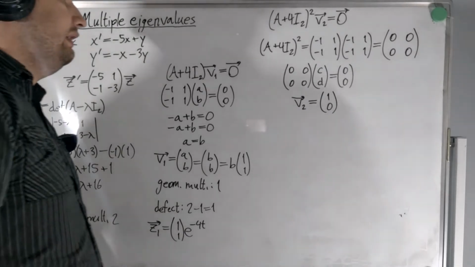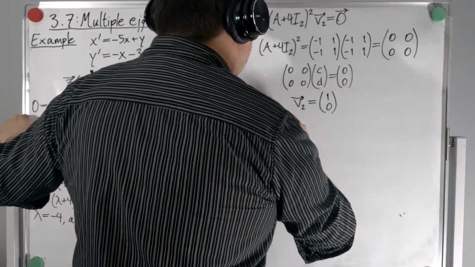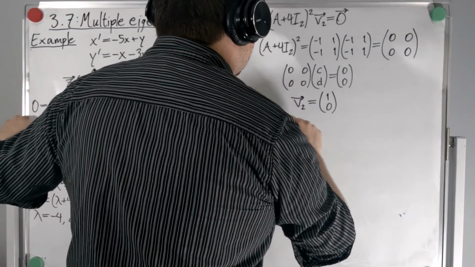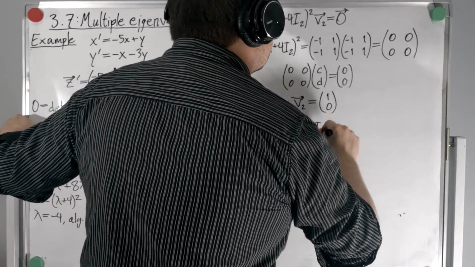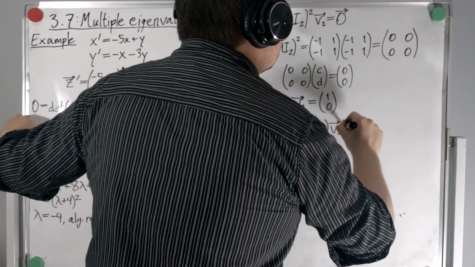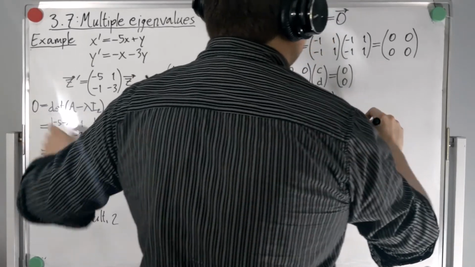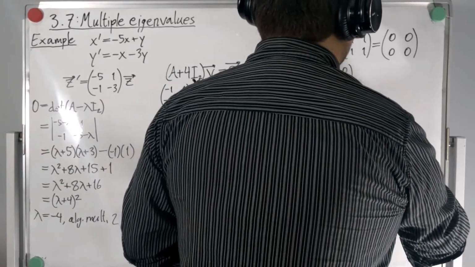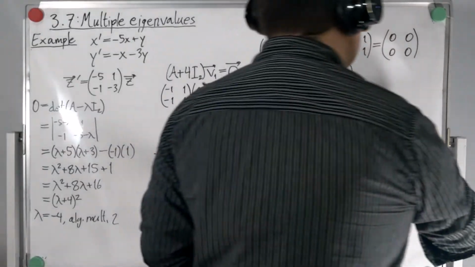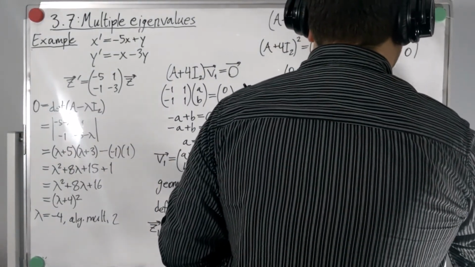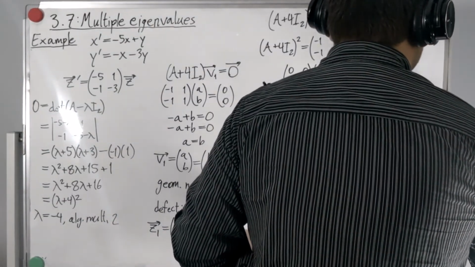All right, so now finally, there's one more thing we have to do. We have to find an eigenvector that's compatible with this choice of v2. So that would be negative 1, 1, negative 1, 1 multiplied by 1, 0. That gives us negative 1, negative 1.